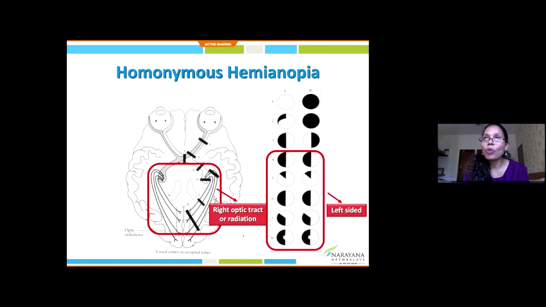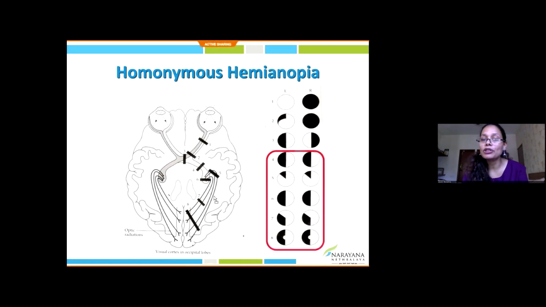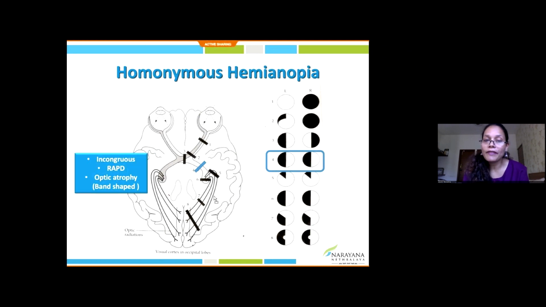You know that what is the difference? The fibers from the optic tracts are going to synapse into the lateral geniculate nucleus, and from there arise a radiation. So it's the LGN which will differentiate the two. So let's look at the optic tract lesions. You will see that the lesion is number 4, as mentioned here. These are incongruous defects.